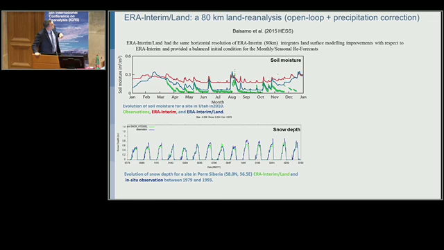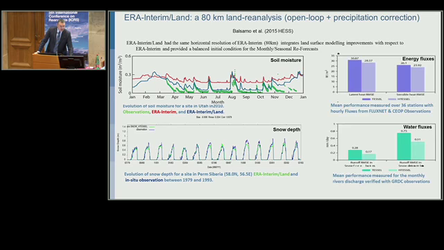ERA-Interim/Land in blue has managed to reproduce the soil moisture much better. Here you have an example for snow depth over another site in Siberia, ERA-Interim/Land against snow depth observation.